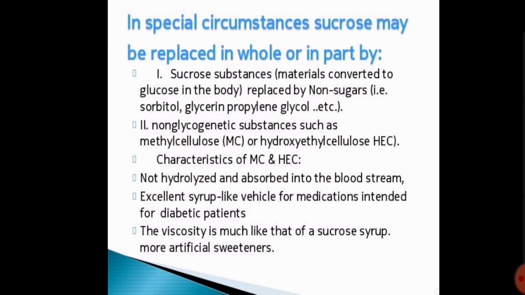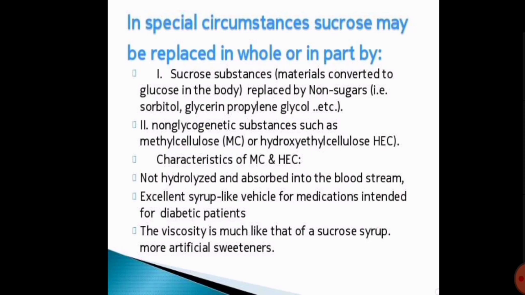In special cases like diabetes, we will replace the sucrose with other substances. Okay, so number one case is that sucrose is converted to glucose in the body, so it is replaced by non-sugars: sorbitol, glycerin, propylene glycol, maple, etc. Now, non-glycogenetic substances such as methyl cellulose or hydroxyethyl cellulose (HEC) can replace the sucrose.